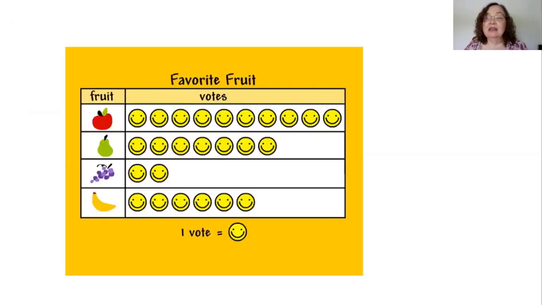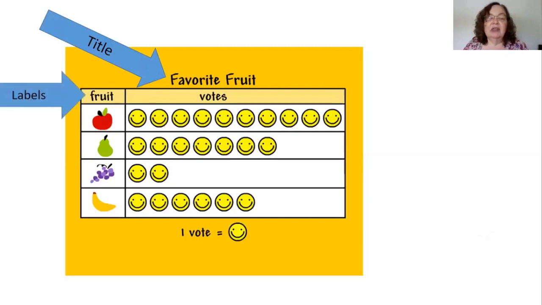And I see that it has special things that I need to have when I'm making a graph. So the first one is a title. Well, my title here is favorite fruit. So I know when they were voting on their favorite fruit.